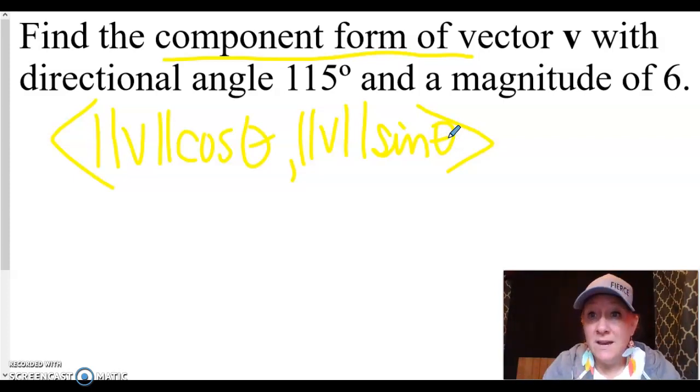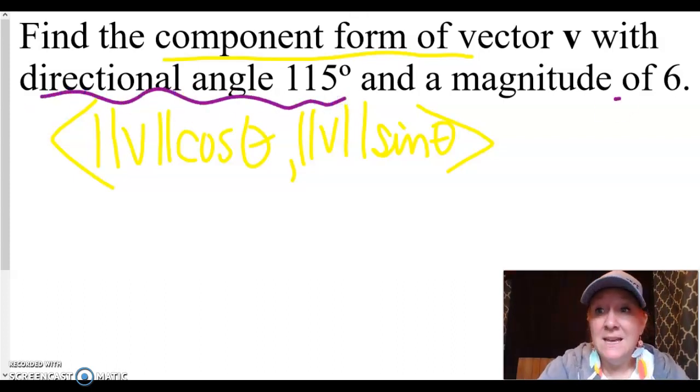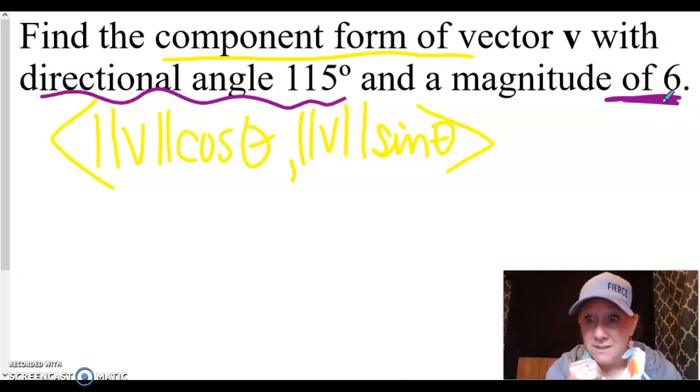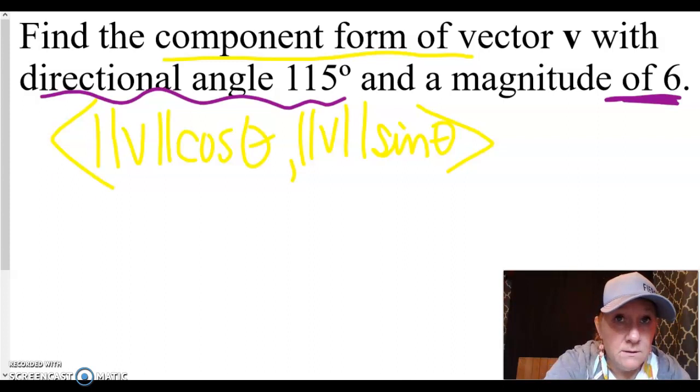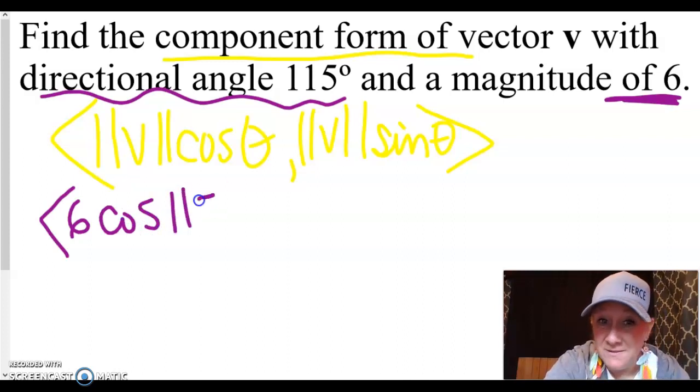So do we have a direction and do we have a magnitude? We have a direction and we have a magnitude. So I'm going to just plug those in. The magnitude is 6, and then cosine of 115 degrees.